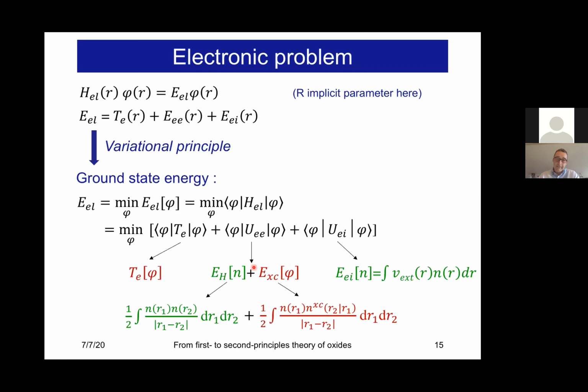So basically, the electron-electron interaction is made of the combination of two terms, an R3 term that is some kind of classical electrostatic interaction between the electrons, naively obtained through this expression here, that depends exclusively on the density, plus a correction that is what we call the exchange correlation contribution to the electron-electron energy, and that is the interaction of the density with an exchange correlation hole.